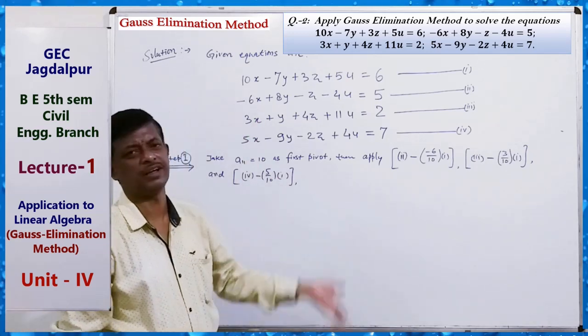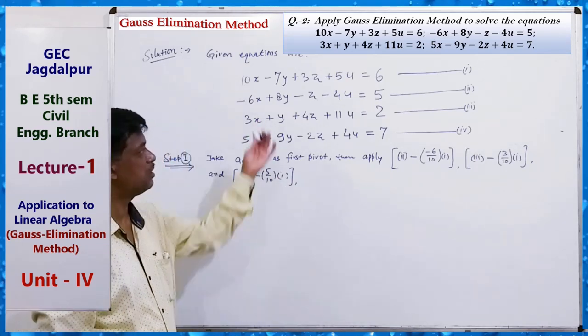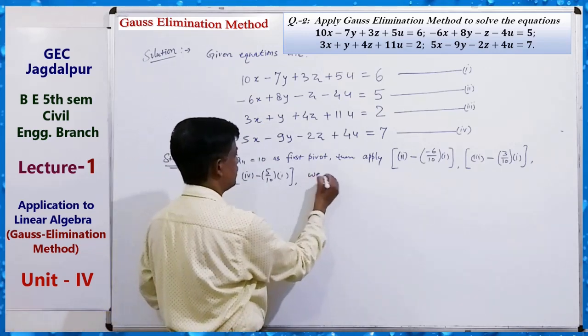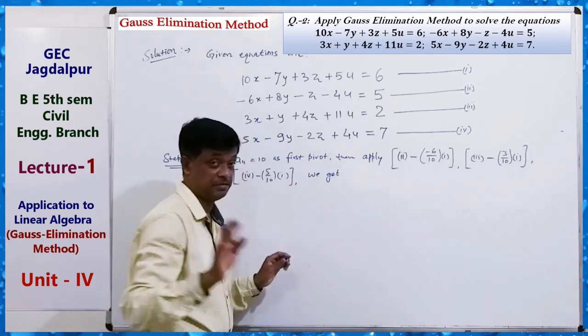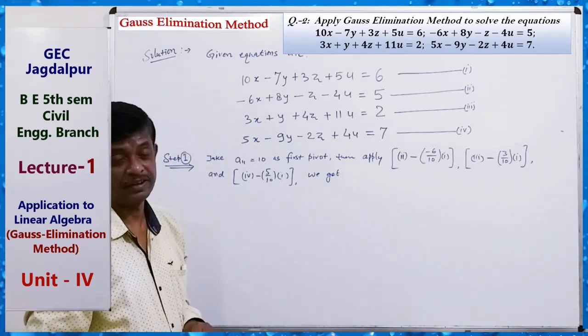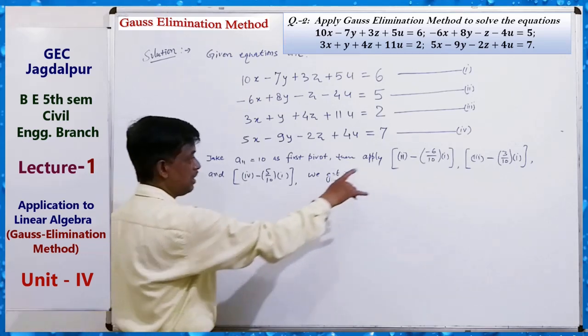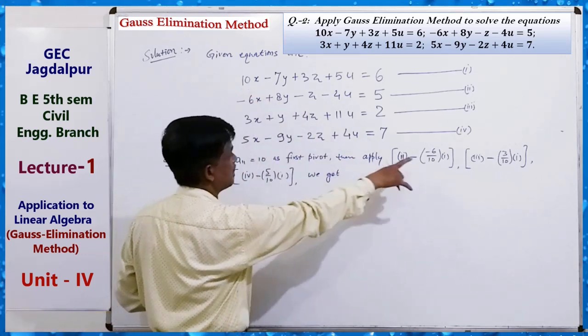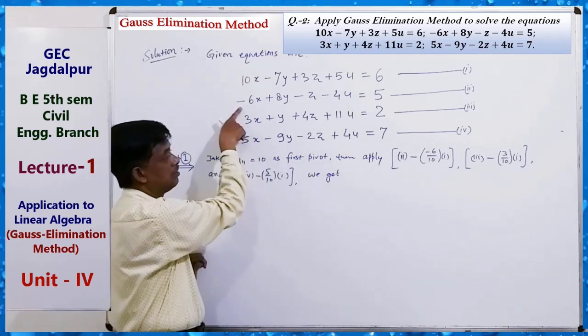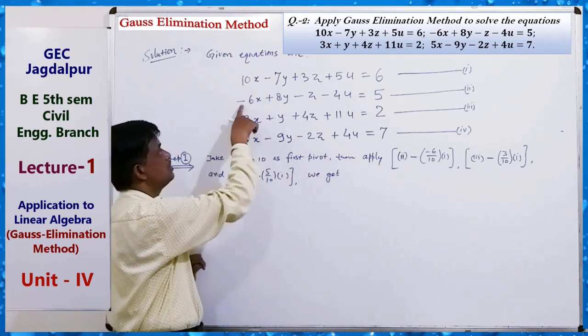Because they are a fixed method, no? So that's why you can do programming. Just calculate it very carefully. By applying this operation, 10 10 cancel, minus 6 will be there, minus minus plus, so this will be 0.